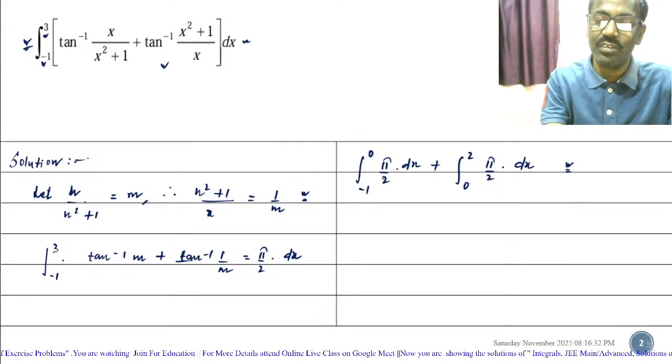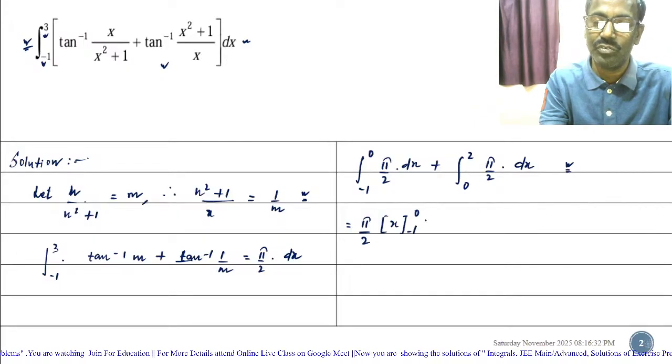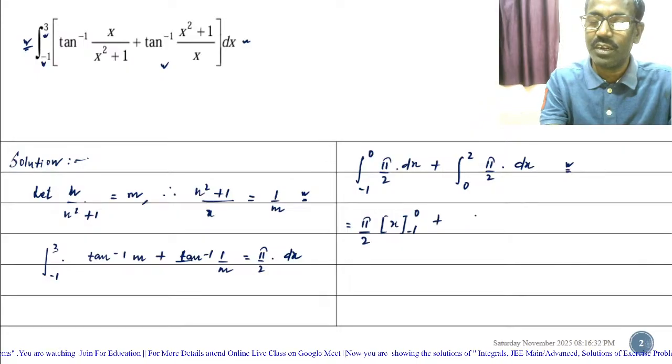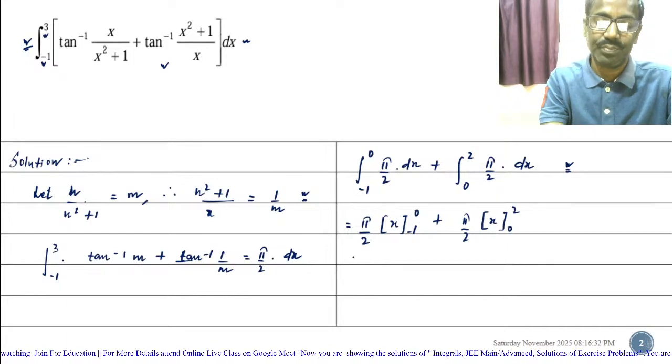So the integration of this one will be pi by 2 into x with lower limit -1 to 0, plus again pi by 2 into x with lower limit 0 and higher limit 2.